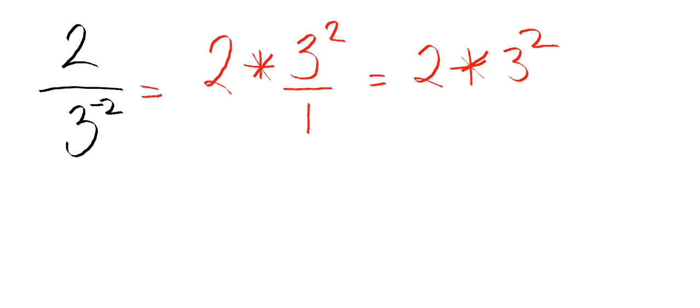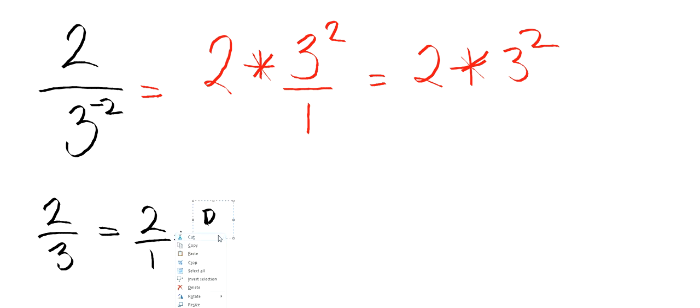Remember, just in case you got lost as to why, 2/3 is the same thing as 2 over 1 times 1 over 3. I can pull them apart as separate, completely separate fractions.